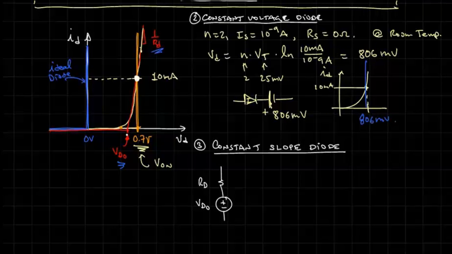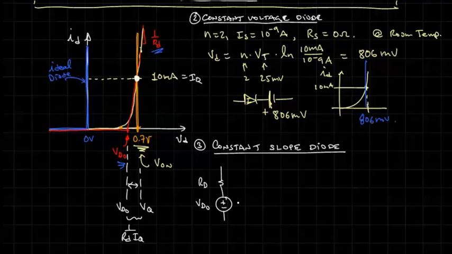So VDO, if I draw this down here and we look at the difference between VDO and our operating voltage VQ, the difference is going to be our IQ times the slope. Or I should say, no, maybe it's not. It's going to be the slope, 1 over RD, times 1 over IQ.